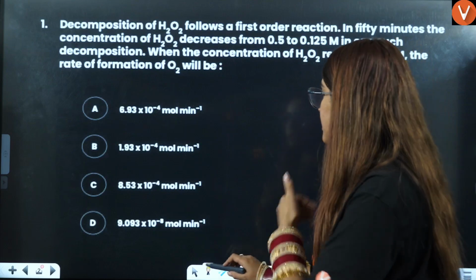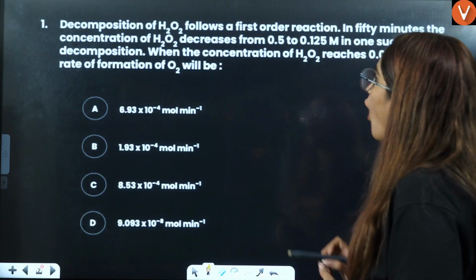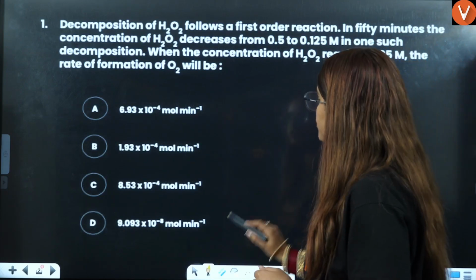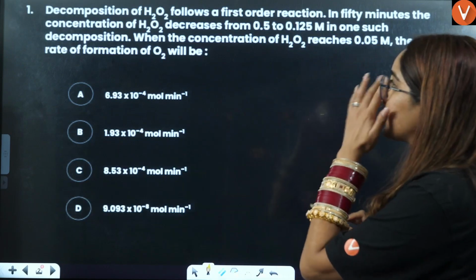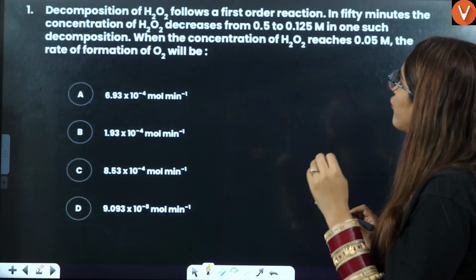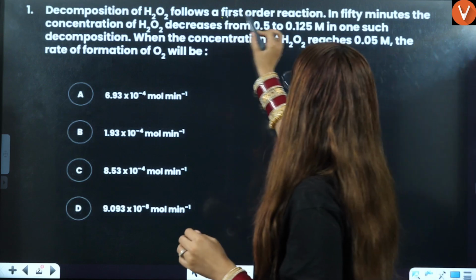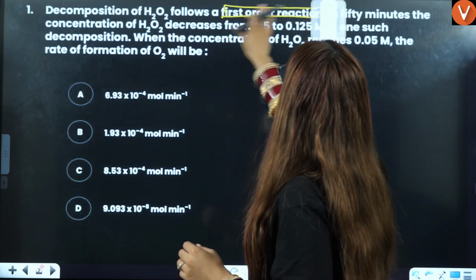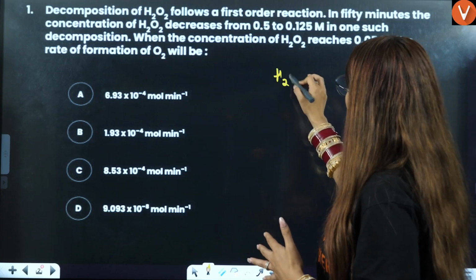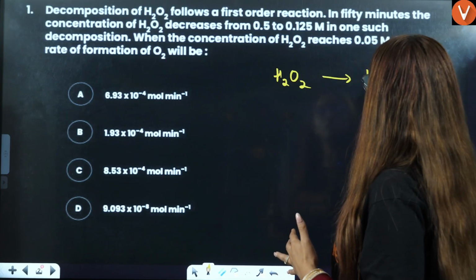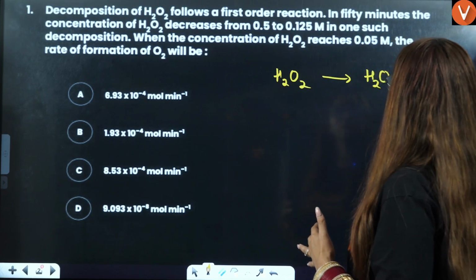First question is, decomposition of H2O2 follows a first order reaction. All are important questions only, right? That means H2O2 decomposes to H2O plus O2.